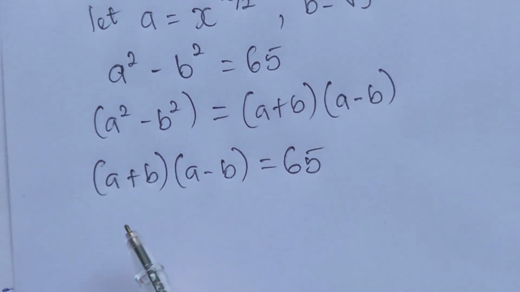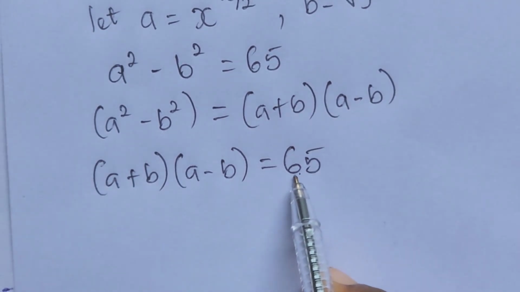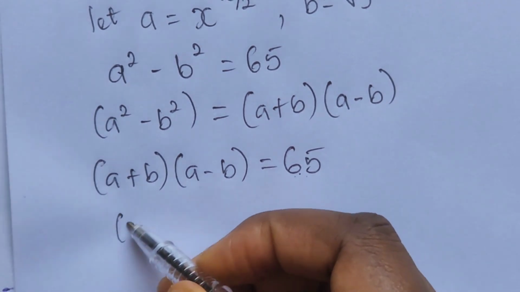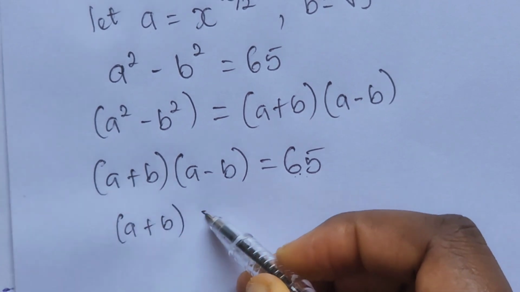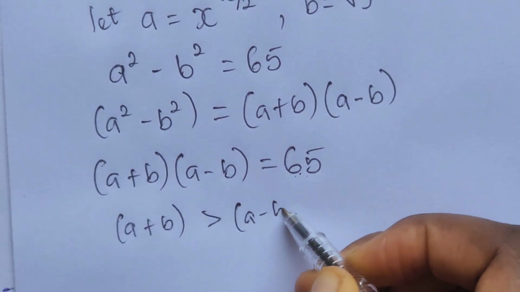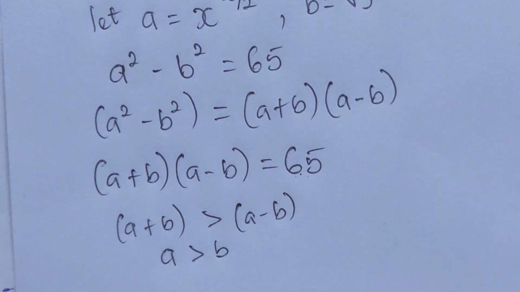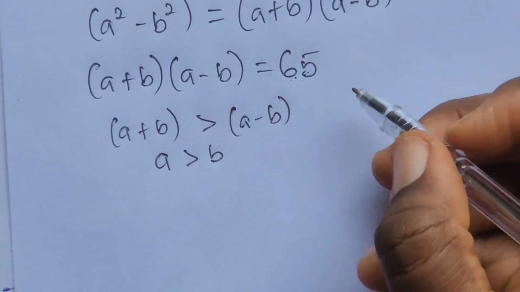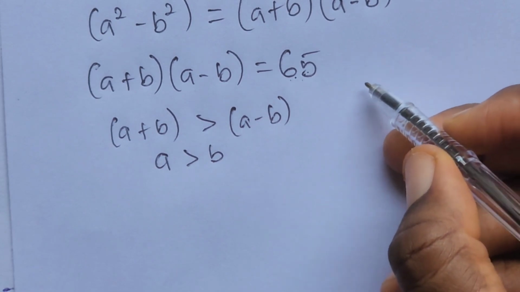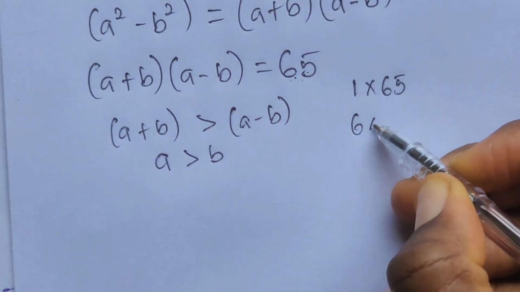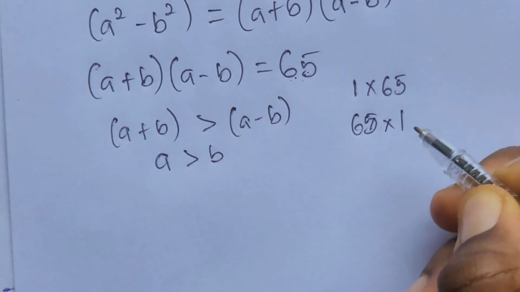So from here, since we don't have a negative constant, it simply means that a plus b is greater than a minus b, and also a is greater than b. Possible factors of 65 will be 1 times 65 and 65 times 1.